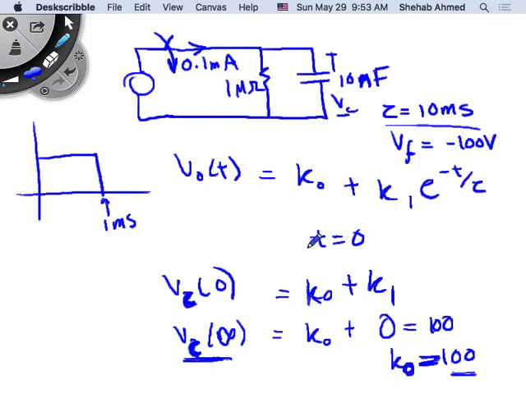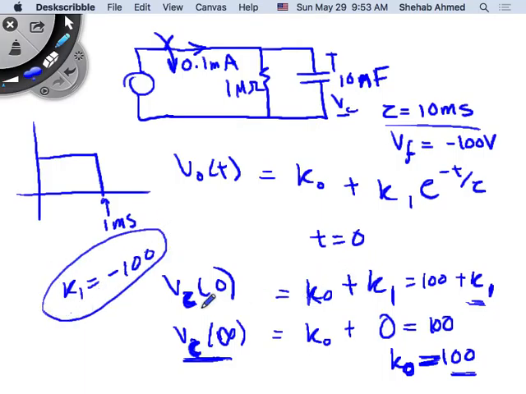If I substitute K0 equals 100 here, at t equals 0 this is 100 plus K1, and the capacitor voltage is equal to 0, since the initial condition of the capacitor voltage is 0. So what does this mean for K1? K1 will be equal to negative 100.